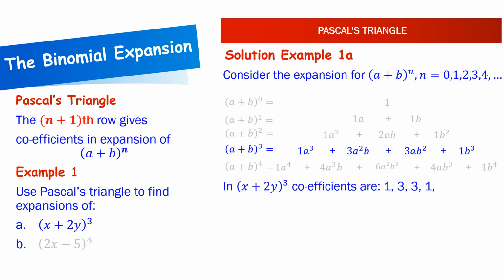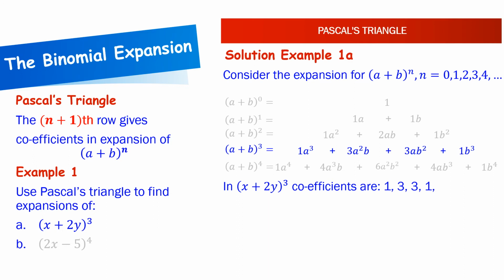So let's solve example 1a first. We're looking at the expansion of (x + 2y)^3, so we're going to concentrate on the fourth row. If we expand (a + b)^3, we obtain the values you can see on your screen in the fourth row.